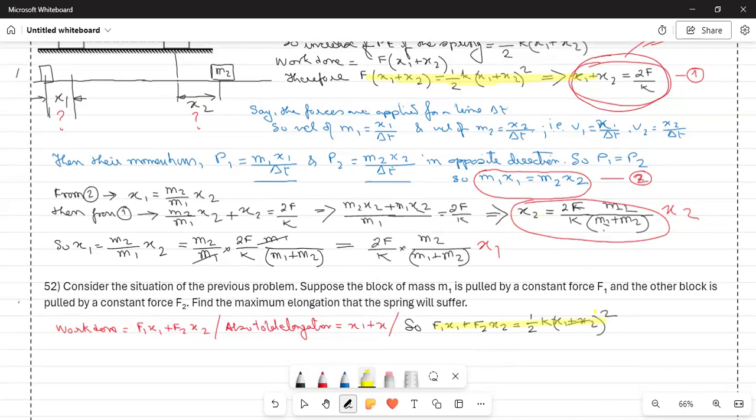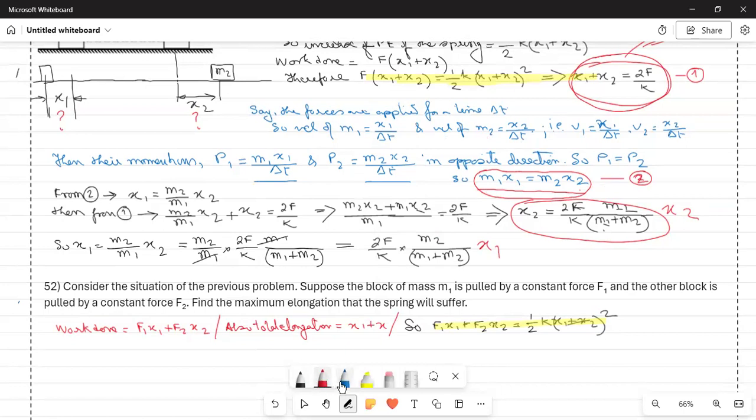And the other equation which we got here, m1 x1 equal to m2 x2, remains unaltered, because the instantaneous velocity of m1 and velocity of m2 and their momentum are equal and opposite, so m1 x1 equal to m2 x2 remains the same, right?